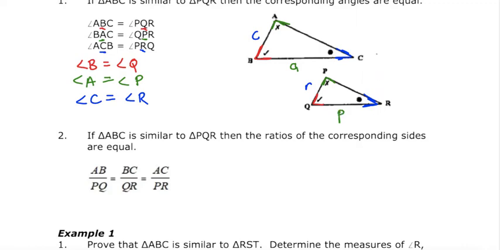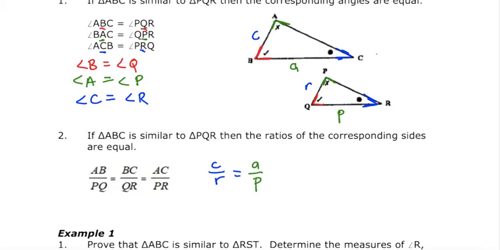So when we're talking about rewriting these fractions, instead of writing AB over PQ, I could write c over r is equal to a over p.